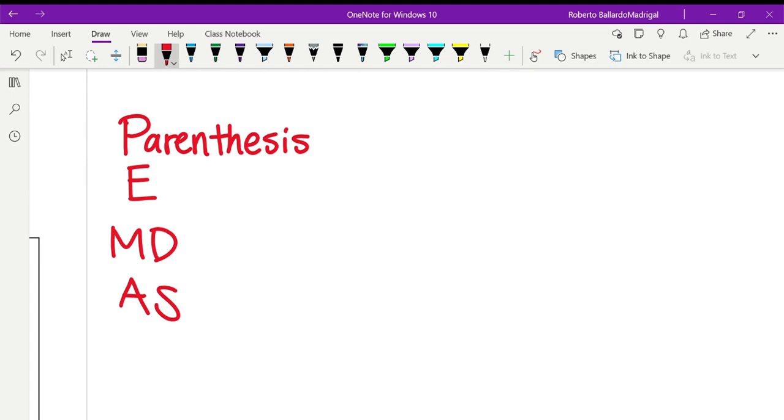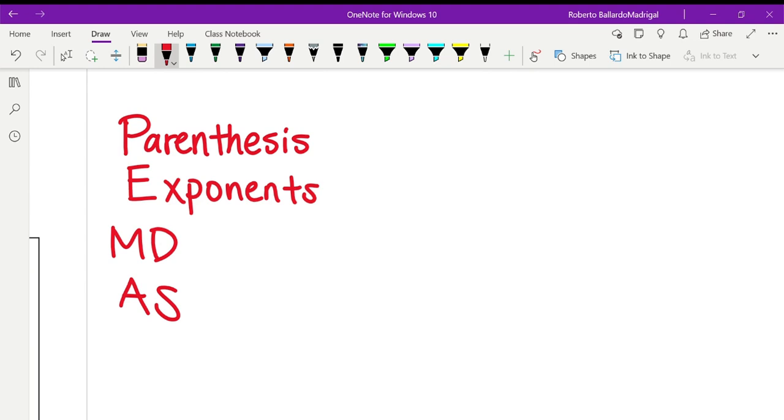The second step in the order of operations is going to be to solve any exponents. Now, if you don't have parentheses, then you can move on to exponents, assuming that you have exponents. So anything you don't have, you can just skip until you go down this list, and then you find something that you do have, and then you can solve that.